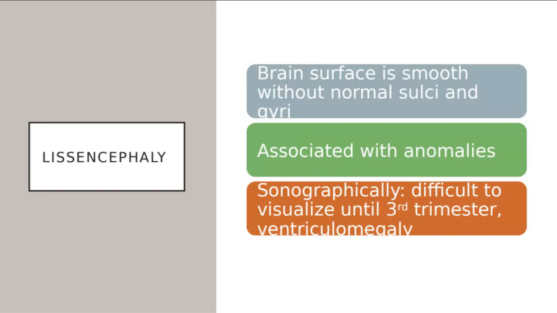Now we have lissencephaly. This is going to be a little bit different. This is when we have the absence of the normal peaks and valleys of the brain, right? We have the normal sulcus and the gyri. This is when we don't have that, so we basically have a smooth brain surface.